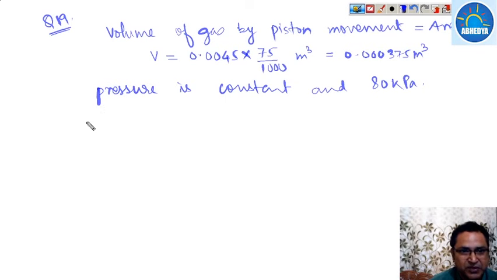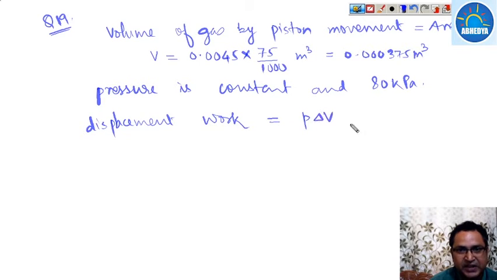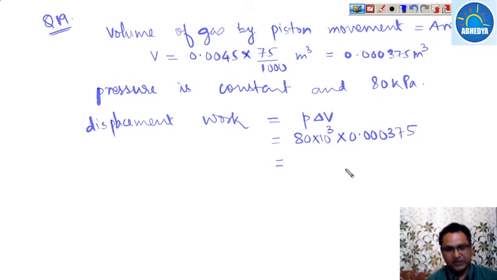So displacement work is equal to P delta V, where P is the pressure which is constant, that is 80 kilopascal, into 10 raised to the power 3, into 0.000375 meter cube. Once you calculate it, its value will be 27 joule.